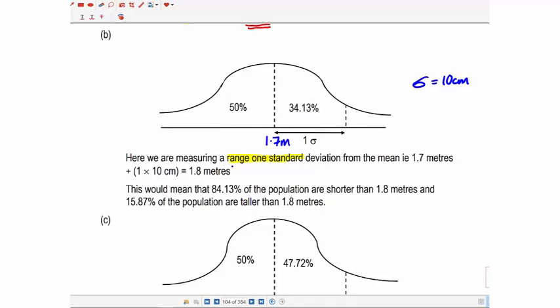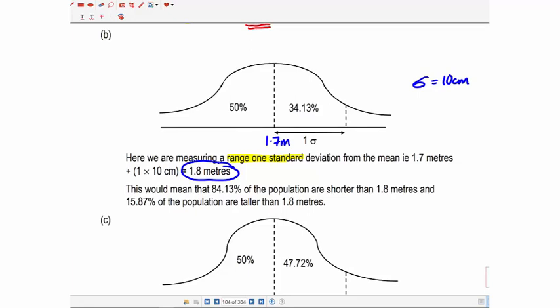In other words, we want to look at a height of 1.8 metres. And we want to interpret the percentage of the UK population who are taller than 1.8 metres, and the percentage who are smaller than 1.8 metres. And we can do that using our normal distribution tables.